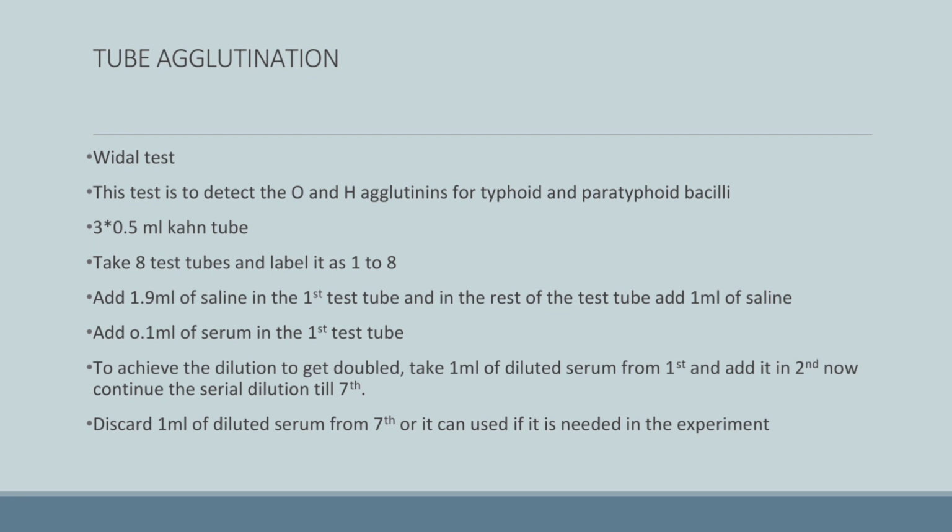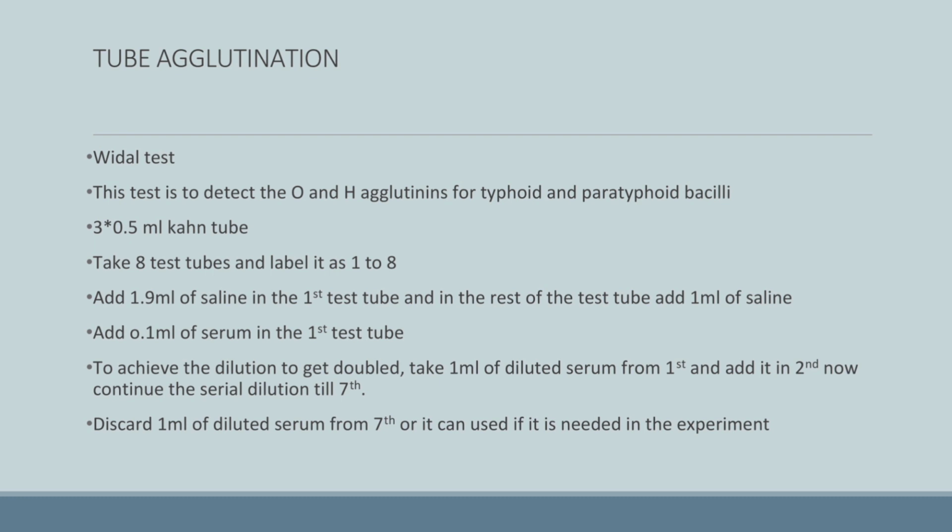In this process, we take 8 test tubes and label them 1 to 8. Then add 1.9 ml of saline in the first test tube, and in the rest of the test tubes add 1 ml of saline. Then add 0.1 ml of serum in the first test tube. We have to achieve a two-fold dilution.